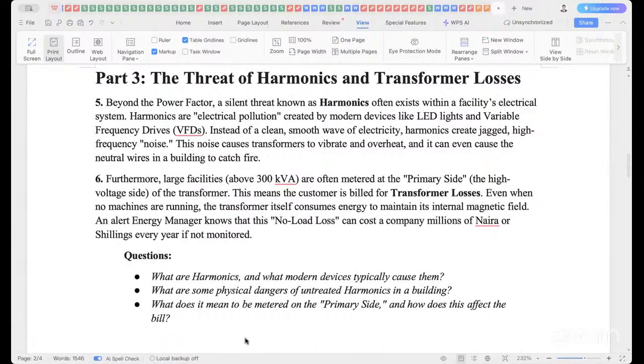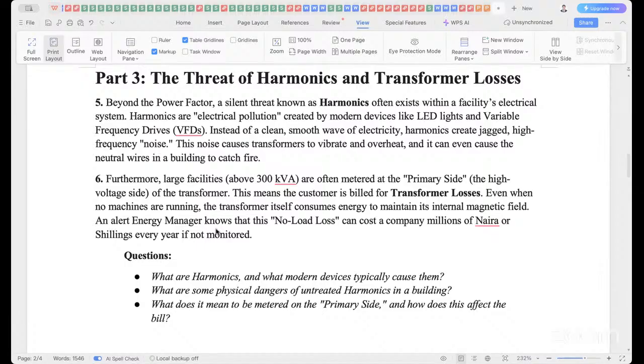Part 3. The threat of harmonics and transformer losses. Number 5. Beyond the power factor, a silent threat known as harmonics often exists within a facility's electrical system. Harmonics are electrical pollution created by modern devices like LED lights and variable frequency drives, VFDs.